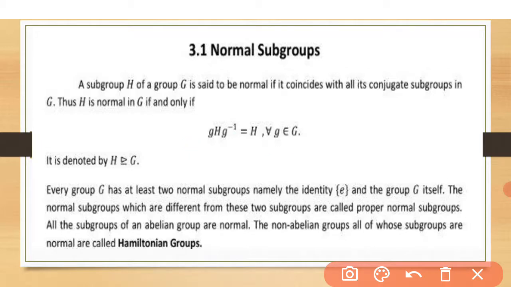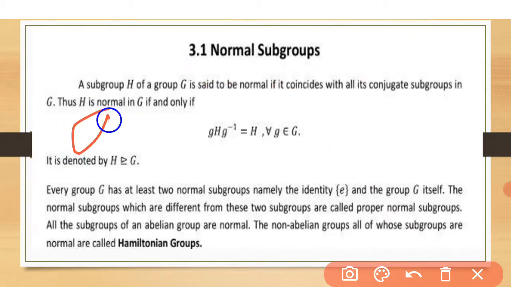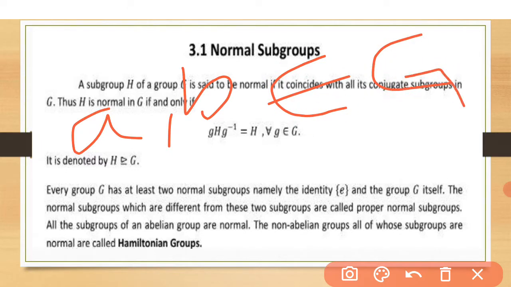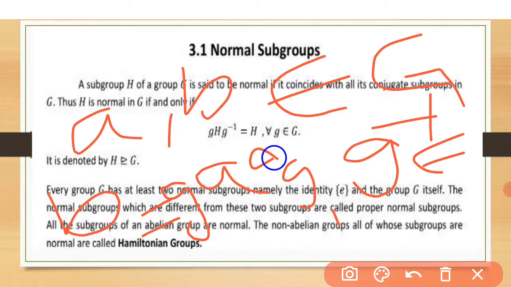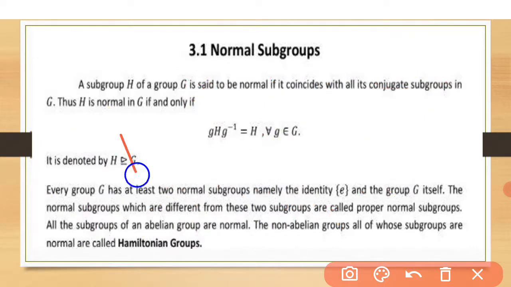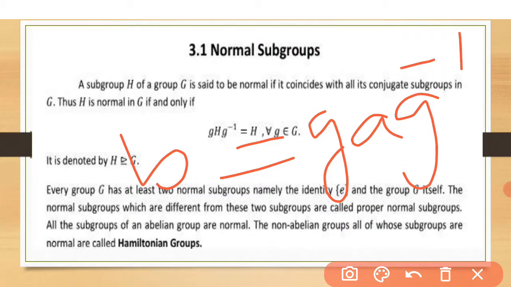Here we can see, about conjugates, we have read that if a, b belong to G, and g and g inverse also belong to G, then b will be the conjugate of a if g is multiplied with a from the left side and g inverse from the right side.